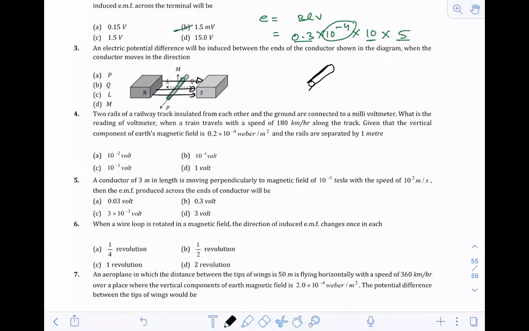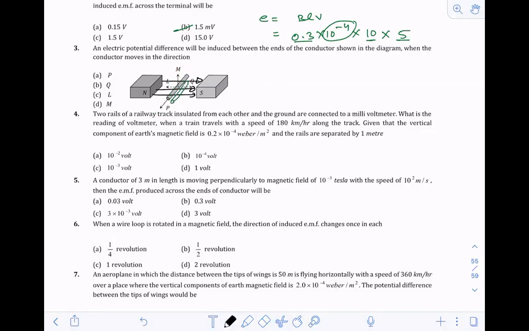The same thing I can say when this rod is moved along this axis P. The EMF is not induced. Only when it is moving perpendicular will the EMF be induced. Whenever it is perpendicular, it will have the maximum EMF induced.